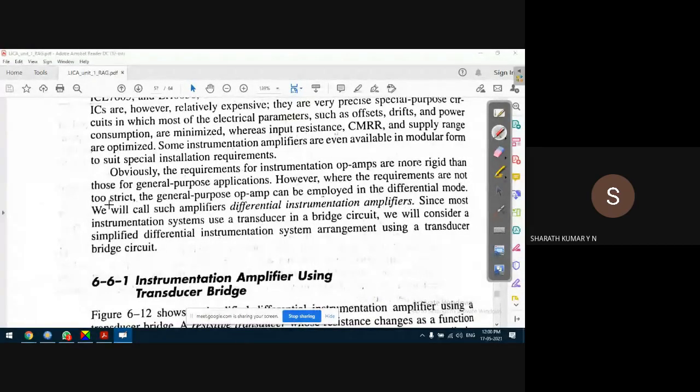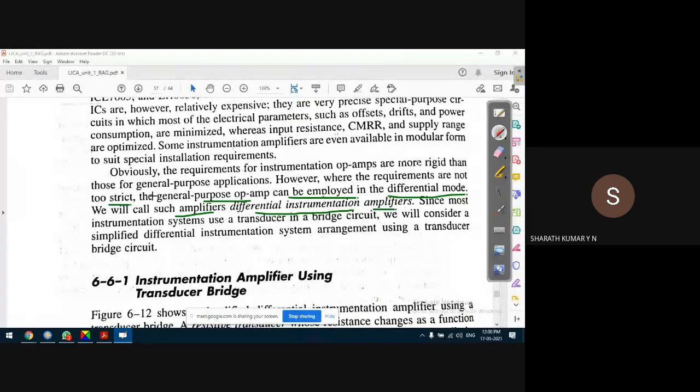Where the requirements are not too strict, general purpose op-amps can be employed in the differential mode. This is the example we discussed. In a differential mode, we call such amplifiers differential instrumentation amplifiers.